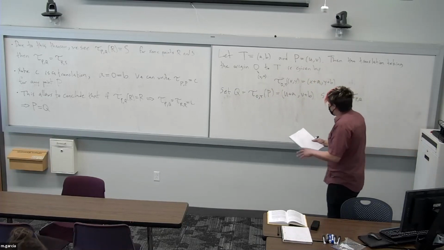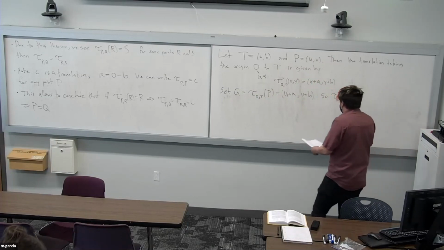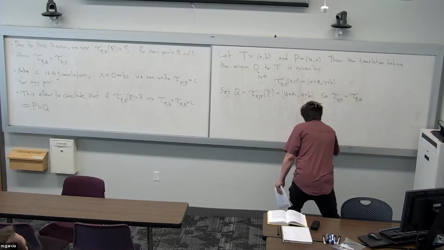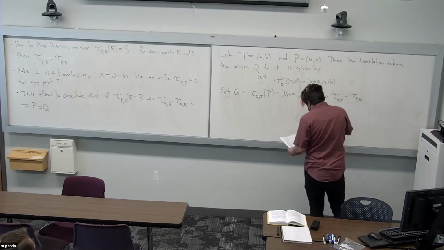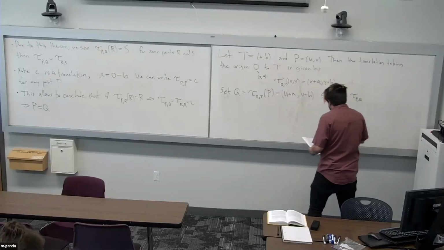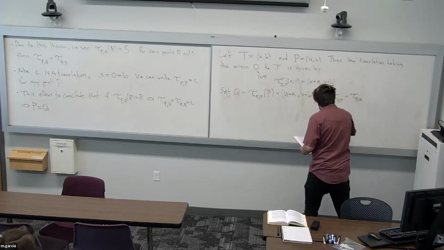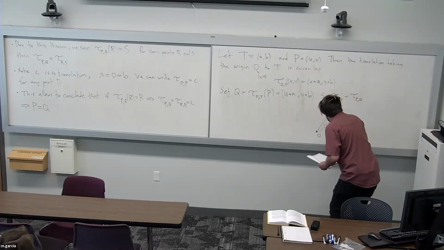So at this point, I'm just going to draw a little schematic diagram for you all. Let's say our origin is here, and we have our point T. This is what our translation, tau sub OT does.